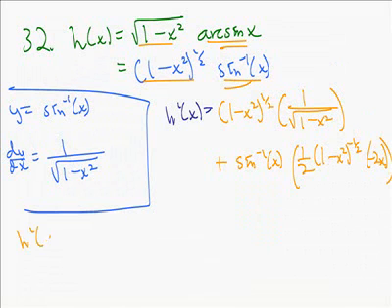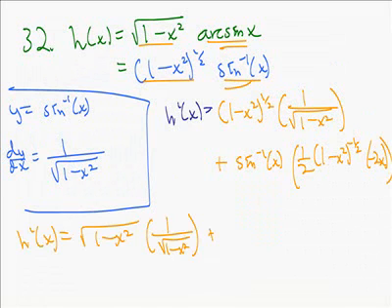So let's rewrite it down here. H prime of x. Let's see, we're going to have the square root of 1 minus x squared times 1 over the square root of 1 minus x squared. That's interesting. Plus the inverse sine of x times, let's see, we got a 2 here and a 2 here divided to 1, and this is a negative exponent.